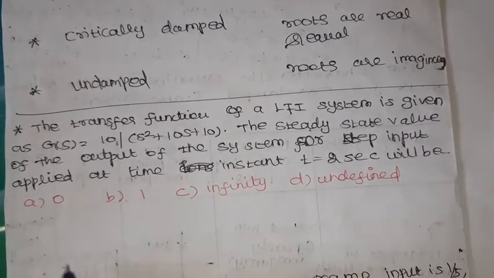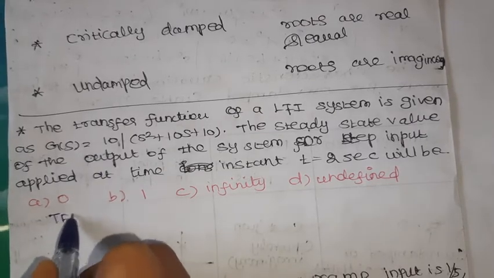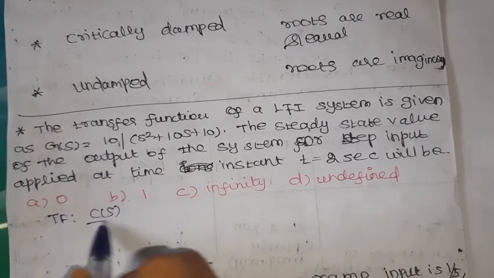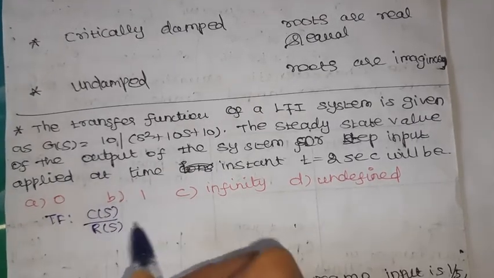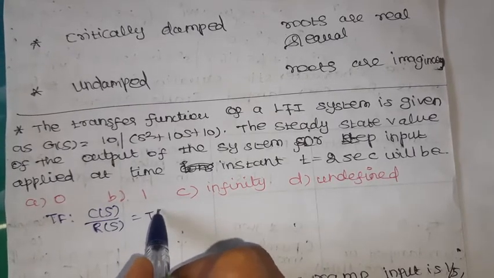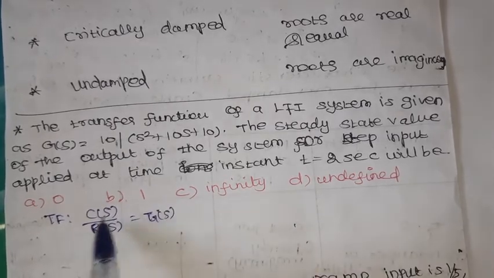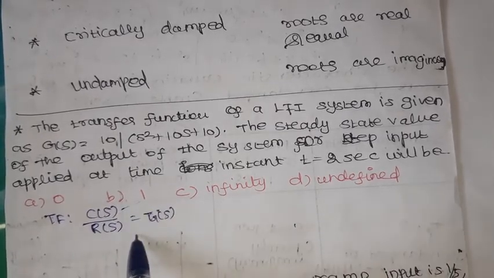For any transfer function, C of s divided by R of s, this is the output and this is the input.